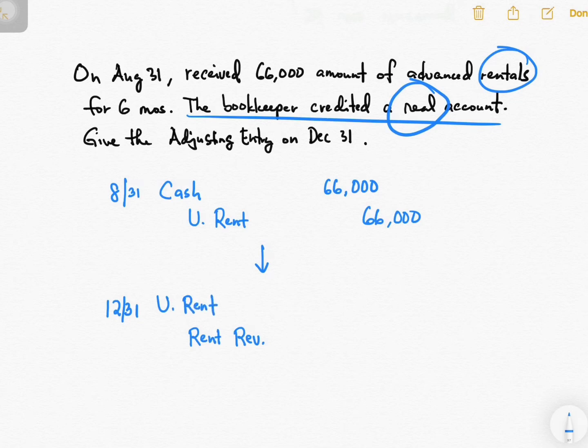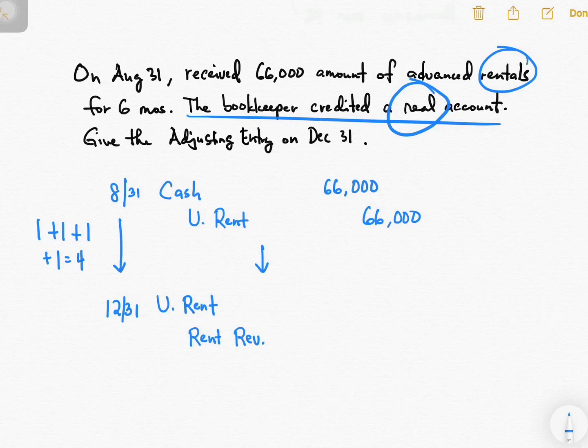Next question. The revenue is for how long? It's from August 31 to December 31. That's how many months? So for September, we have 1, October, November, and then December. So that's 4 months.